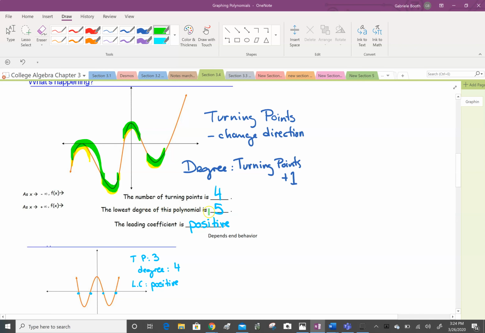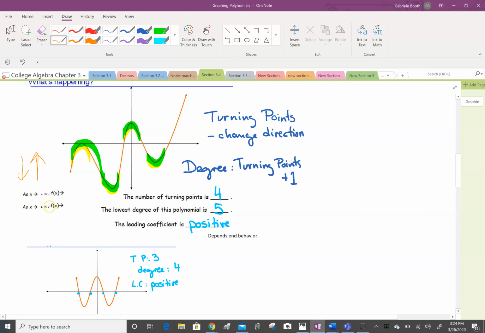Then the lowest degree of the polynomial, the degree is always 1 more than your actual turning points, is 5. And the leading coefficient, how do we know, is positive? Well, on the left-hand side, we see the arrow is moving down, and on the right-hand side, the arrow is going up. Down, up means that our leading coefficient is positive.